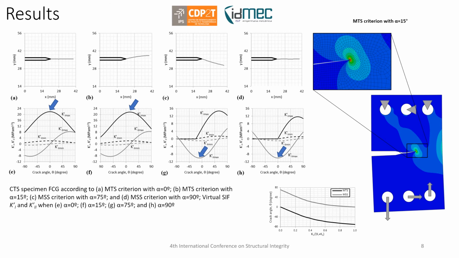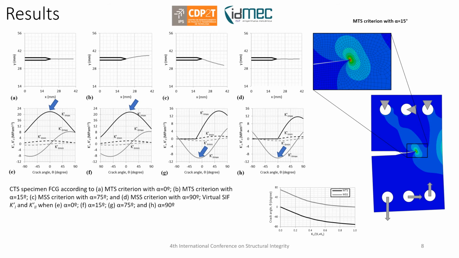Starting with the results for the CTS specimen, we can see 4 different conditions. The first 2 are dominated by mode 1 conditions, and the crack propagation was simulated using the MTS criteria. The crack propagates horizontally due to pure mode 1 conditions, or is slightly deflected by mixed mode conditions introduced by an inclined load.